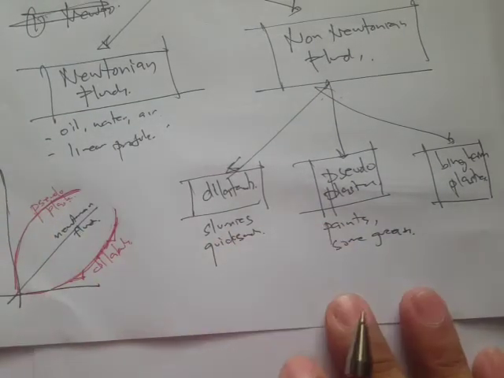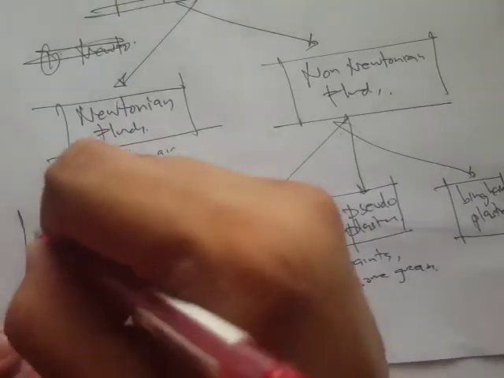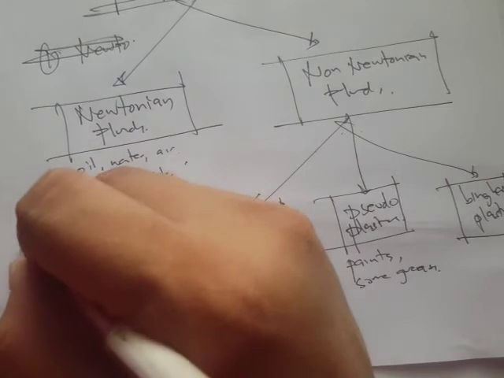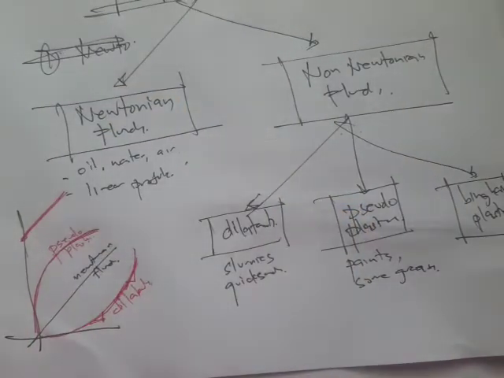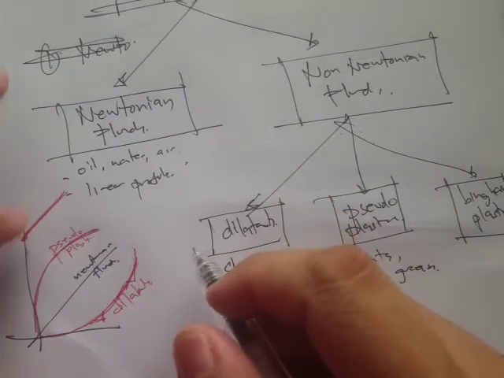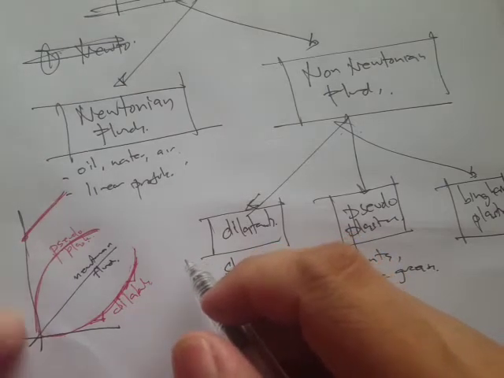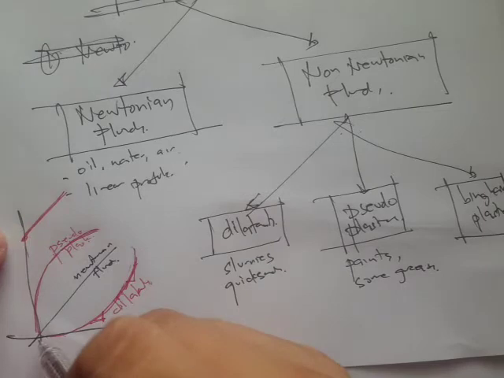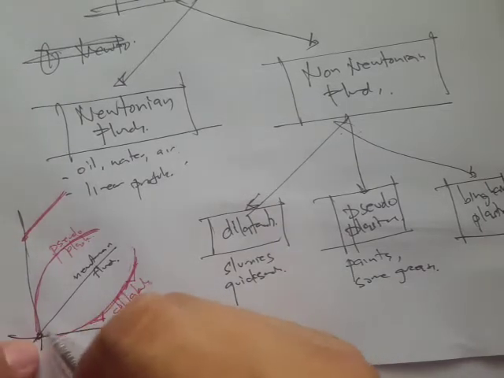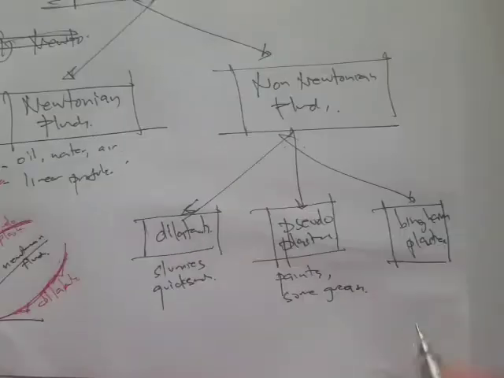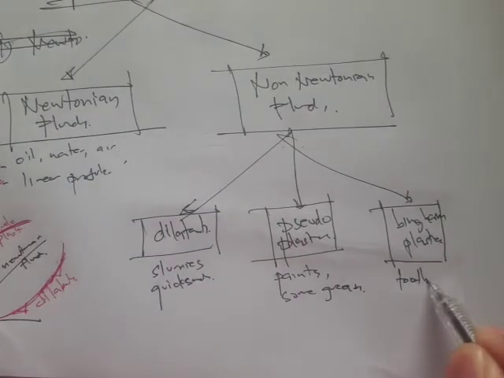Another example is the Bingham plastics. The Bingham plastics has something like a linear profile, except that it doesn't start from zero. It starts somewhere here, right? An example of this is toothpaste.